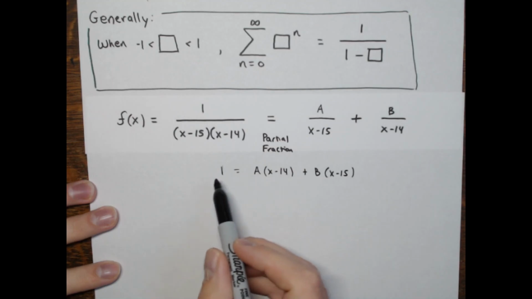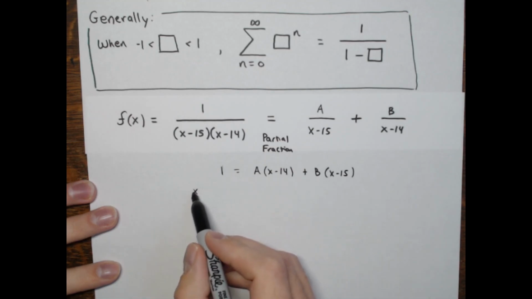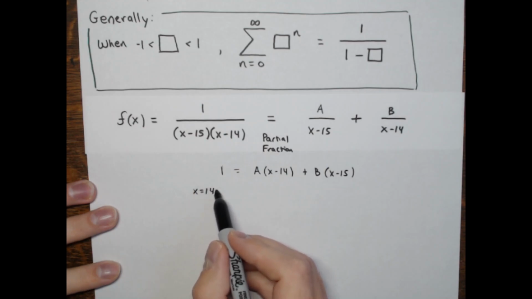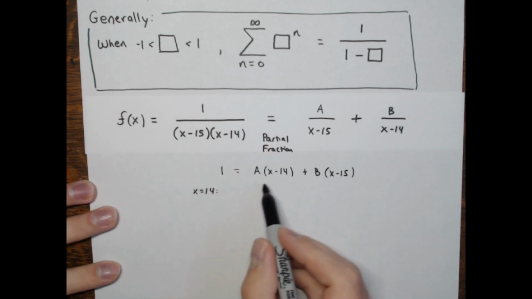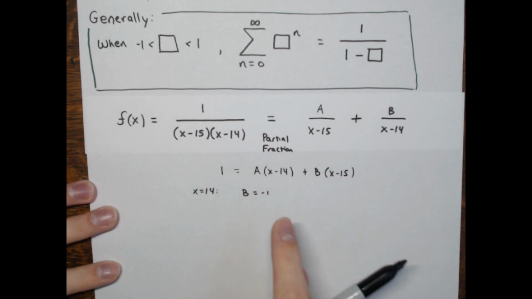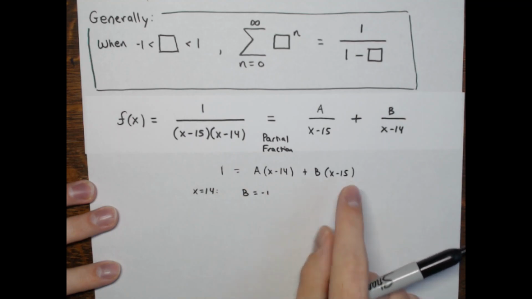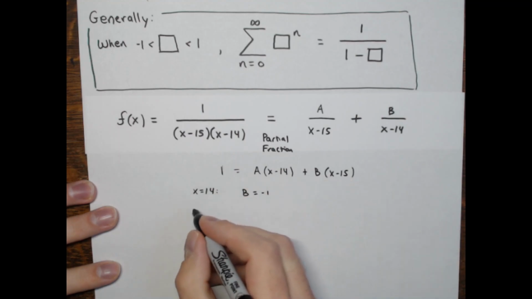I could do equating coefficients on both sides, gather like terms and whatnot, but I'll do the thing where we just plug in some nice values. If x were 14, you could solve for B. You'd have 1 on the left equals negative B on the right, so B would have to be -1.